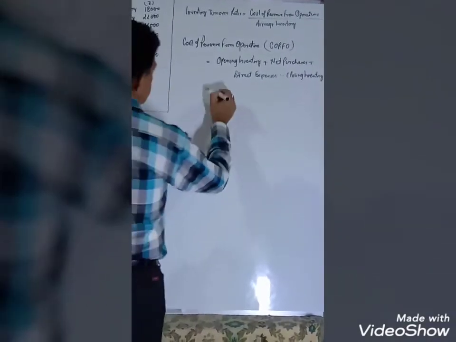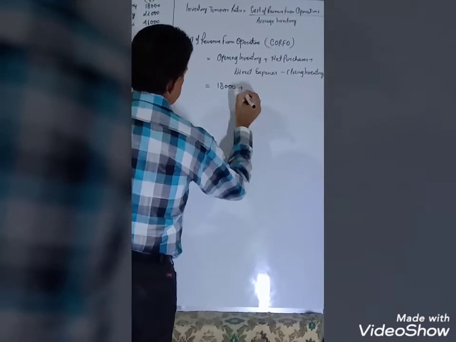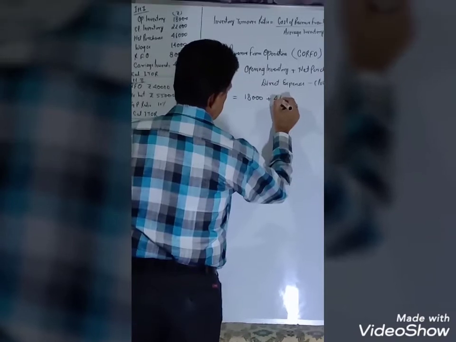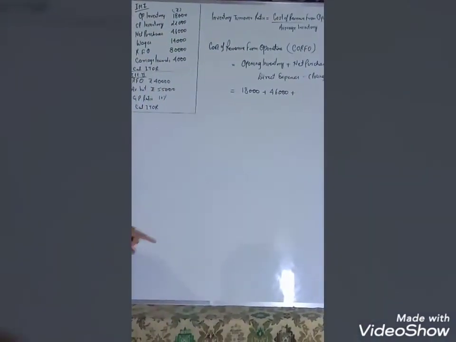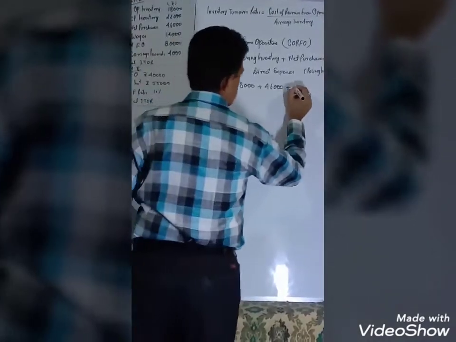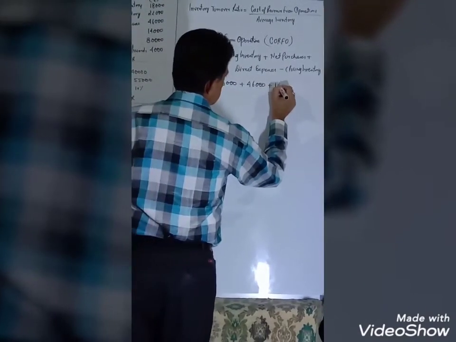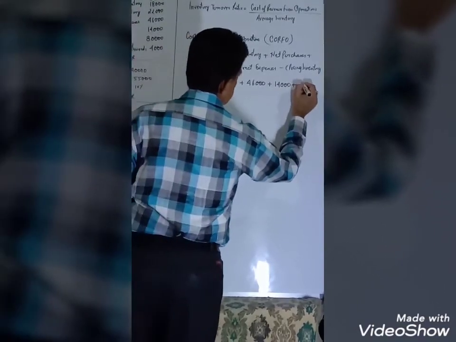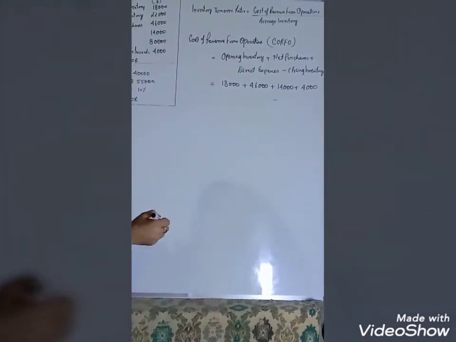Opening inventory is 18,000 plus net purchases 46,000 plus direct expenses: wages 14,000 and carriage inward 4,000, minus closing inventory.